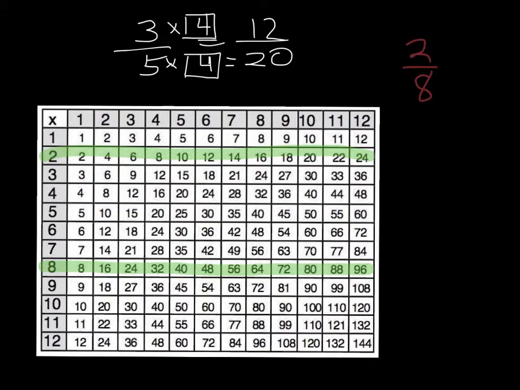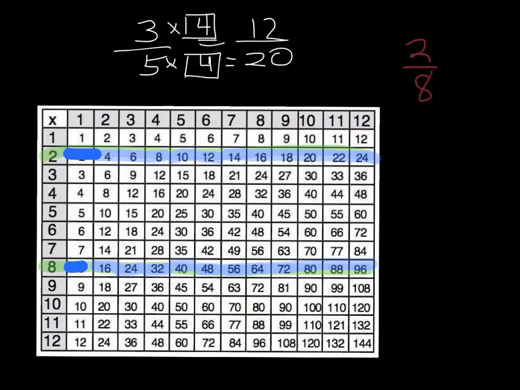You could say that 2/8 is equal to 4/16, 6/24, 8/32, 10/40, 12/48, 14/56, and so on all the way across.